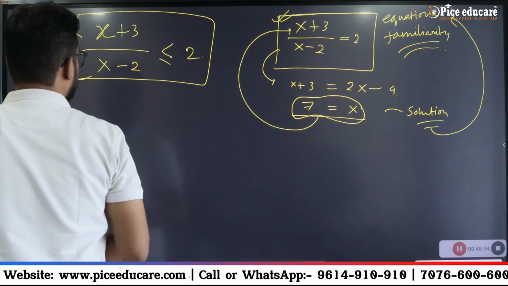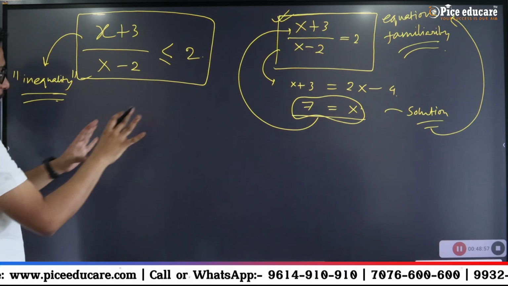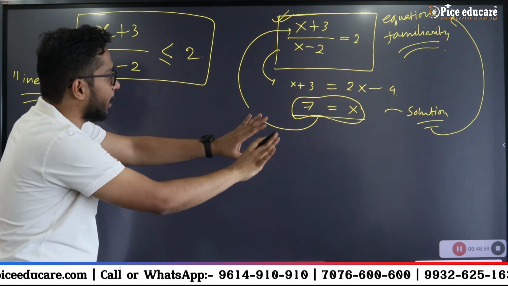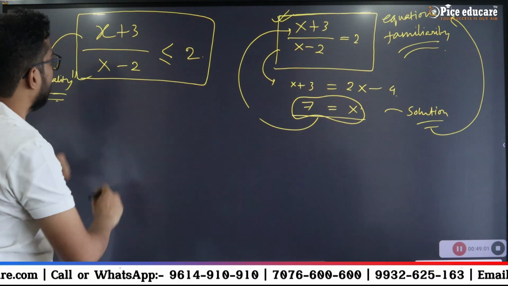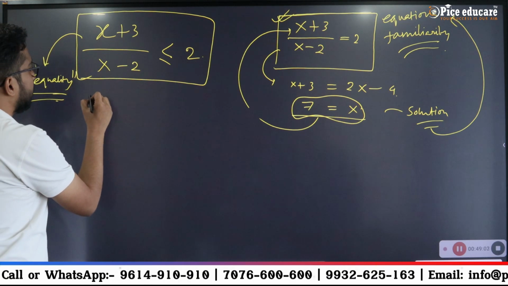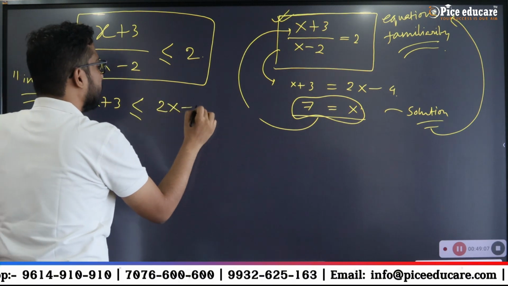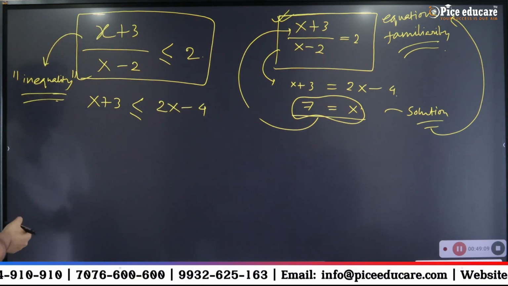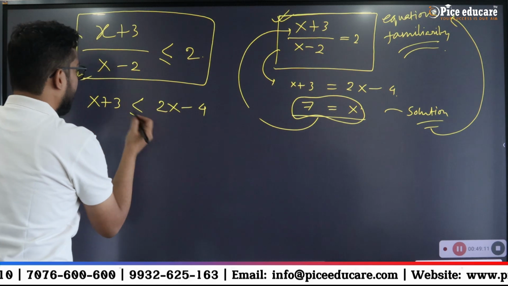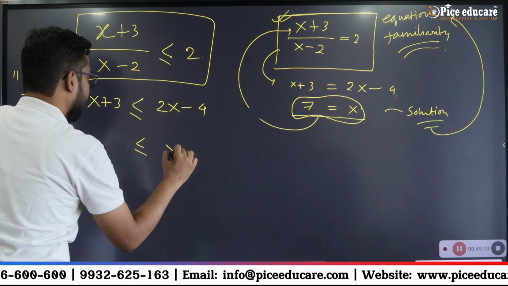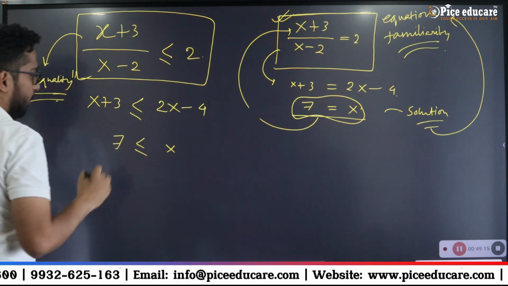But if I start with this notion, and we try to apply this idea and do the same thing, x plus 3 less than or equal to 2x minus 4, then very quickly we can see that x is greater than or equal to 7.